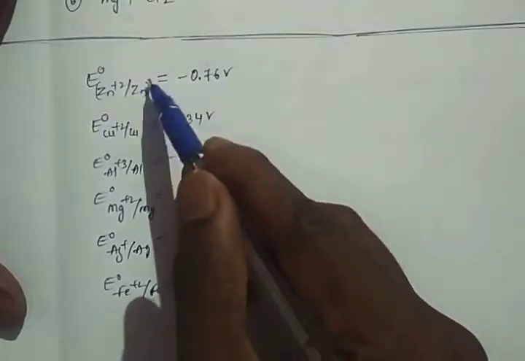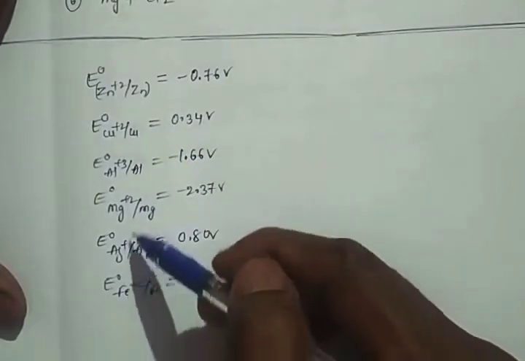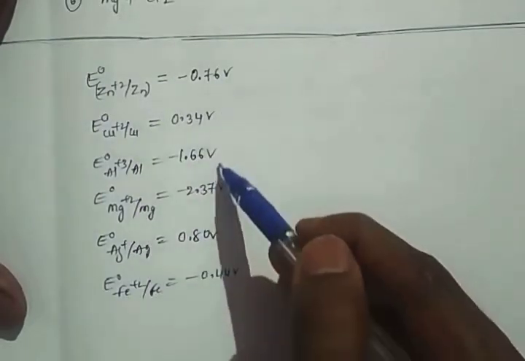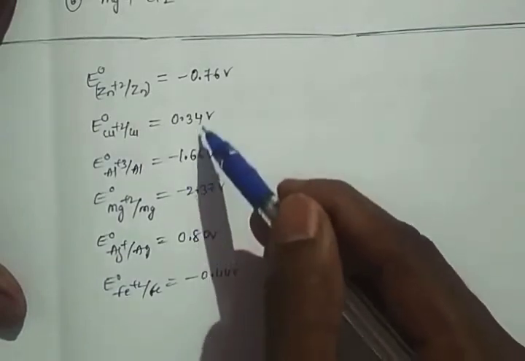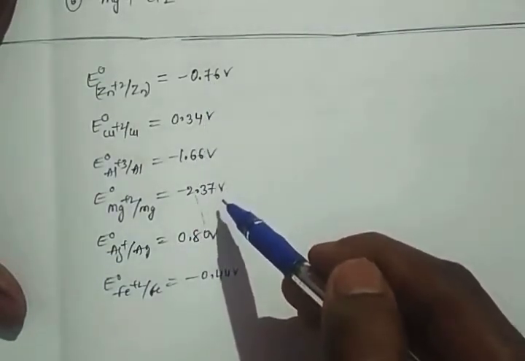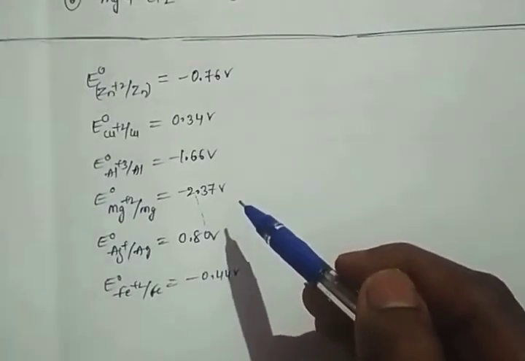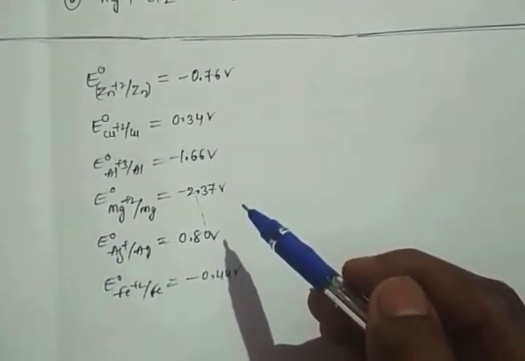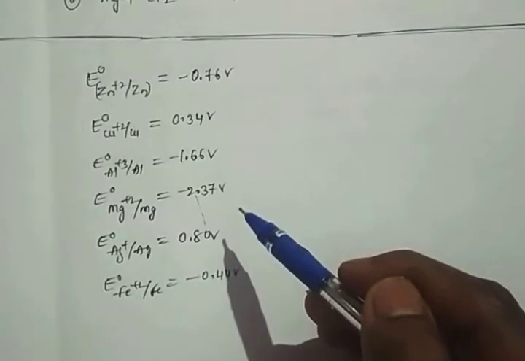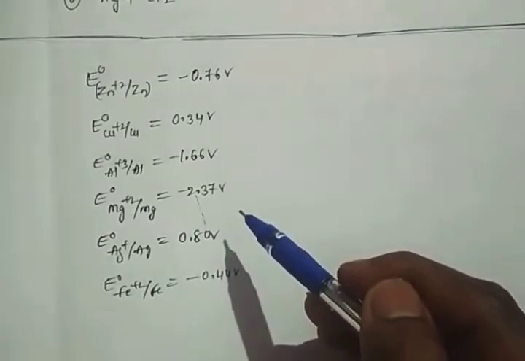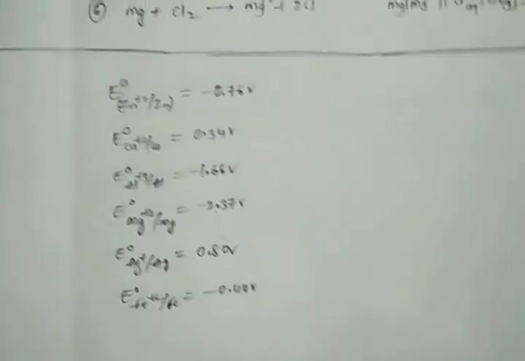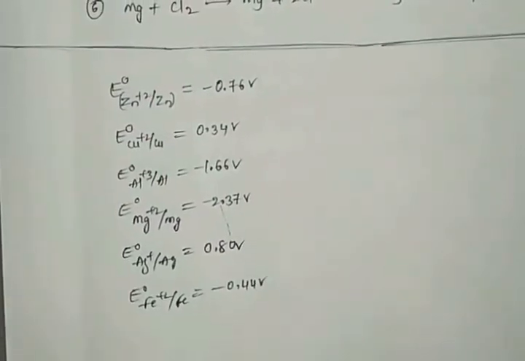When these electrodes are arranged in increasing or decreasing order of electrode potential values, it forms a series. That series we call the electrochemical series. So in this class we are going to learn a new concept, the electrochemical series.